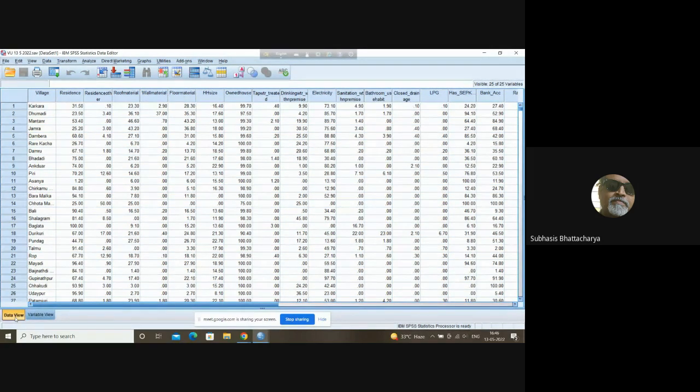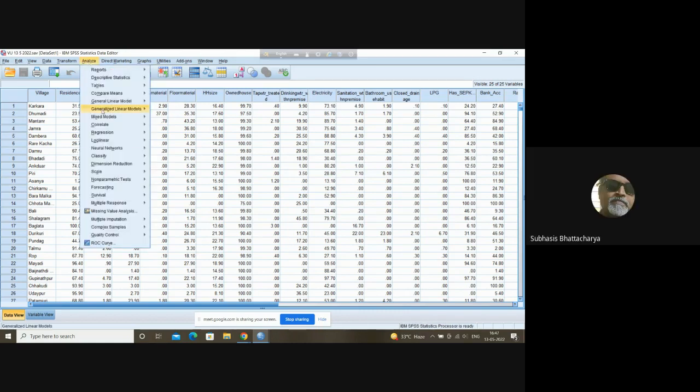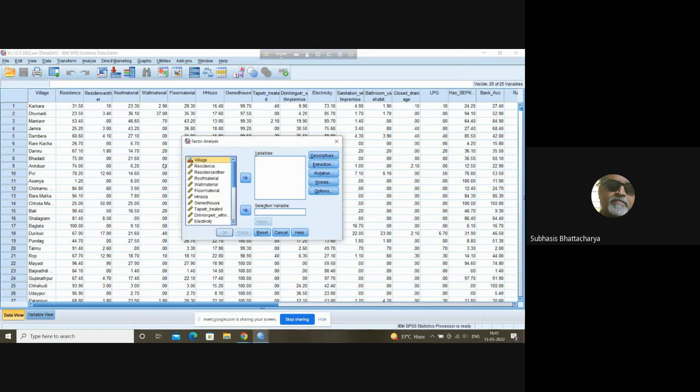So this is the data set, a percentage data set, and here we are going to analyze. The screen is visible now. So analyze like before, then dimension reduction, and then factor.